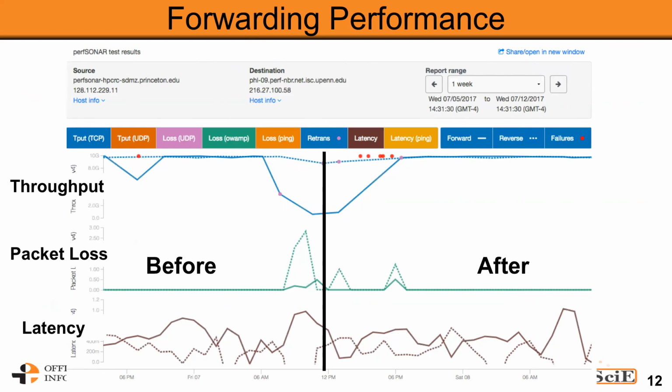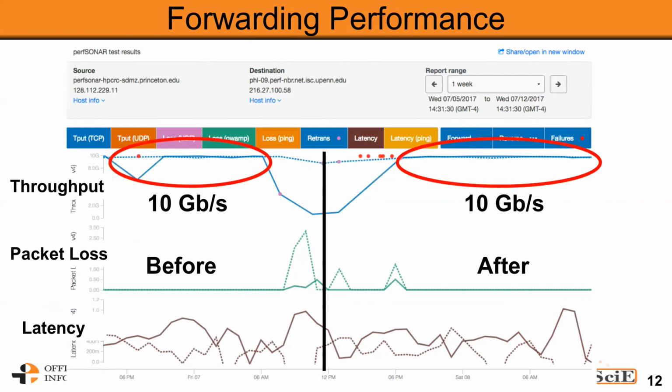From the middle, before is on the left side, where before we had the Science DMZ software-defined border router. After, of course, is the right. You can see the throughput doesn't change before and after the deployment of the software-defined border router.